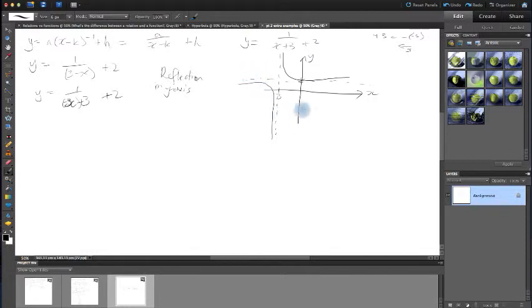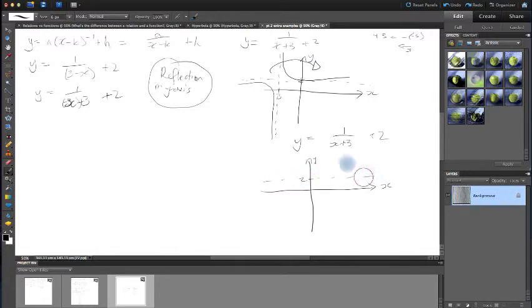Okay, now if I want to do my graph of y equals 1 over minus x plus 3, plus 2, I've said that it's a reflection in the y-axis. So basically everything is going to be reflected over there. When everything is reflected in the y-axis, this horizontal asymptote does not change, because when it's reflected, it will still be 2.